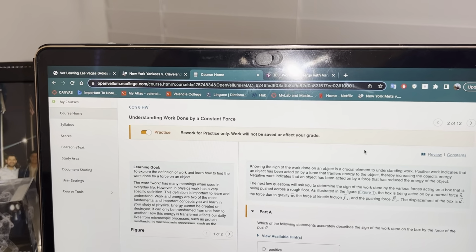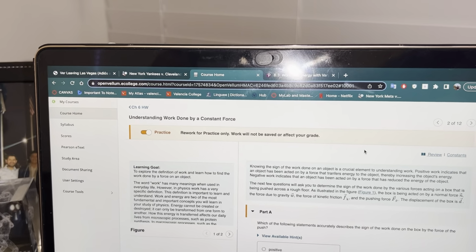Since theta is equal to 90 degrees, the cosine of 90 is 0, so everything will be 0. So the work by the normal force will be equal to 0. And then yes, 0 right here.